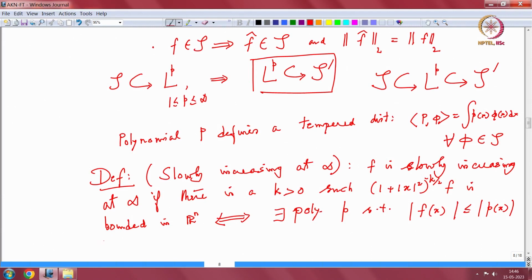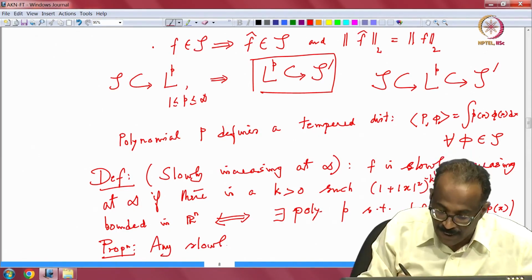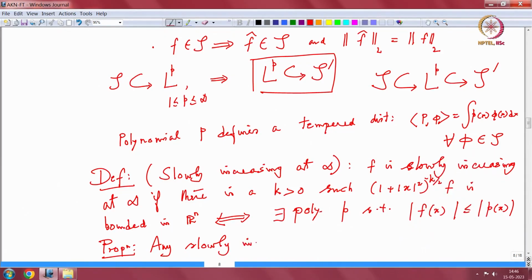So the simple proposition is that any slowly increasing function is tempered, because it is slower than a polynomial, and polynomials define tempered distributions. That is trivial, because we already defined it as being bounded by a polynomial.